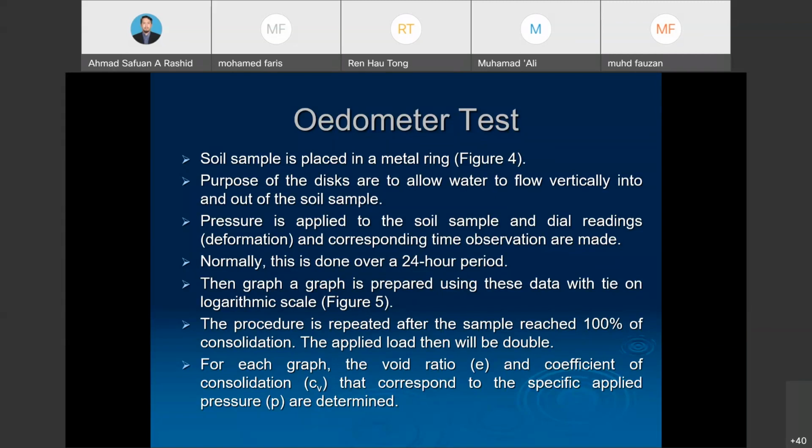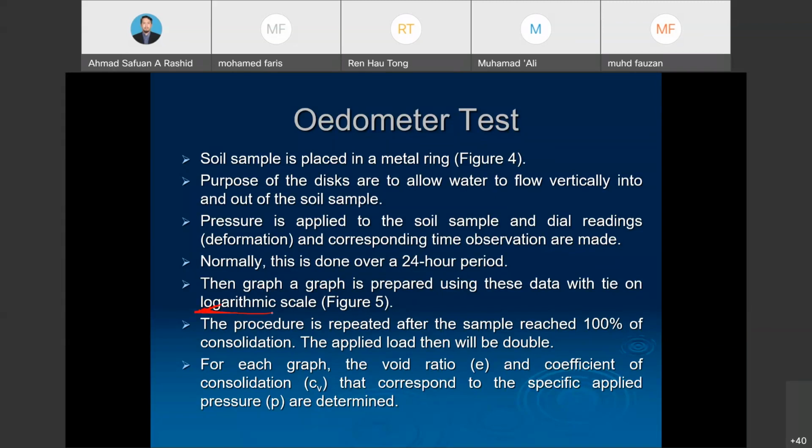Normally it should be conducted over 24 hours. We record the values and then plot the graph later, either using a logarithmic scale or a normal scale.